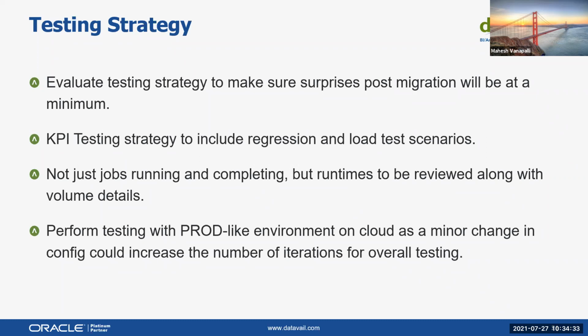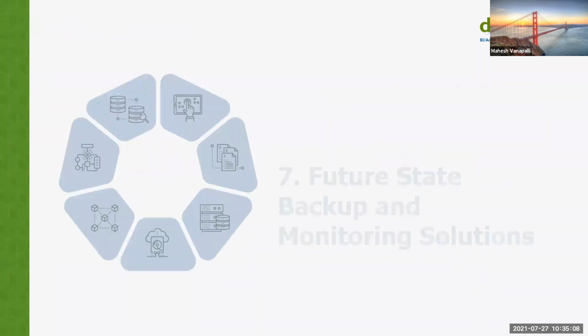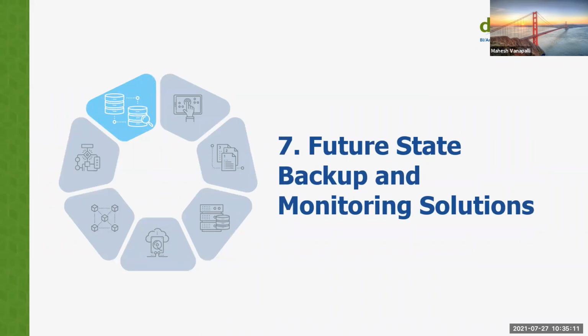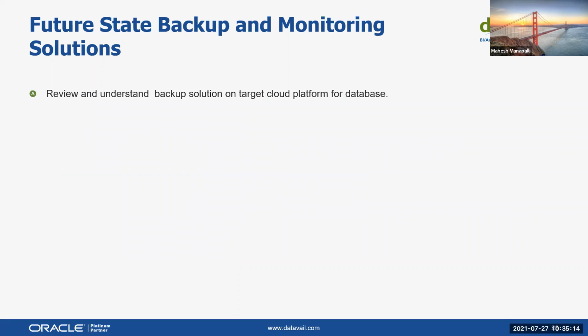And when we are performing the POC, we need to build that POC environment to look like exact production, and go through all these test scenarios and capture these metrics to show to the business that, hey, these are the key performance indicators that we've identified, and these are the performance times on cloud with the existing setup, which gives confidence to the business users that what is needed is done, and they'll be at ease to take on the migration.